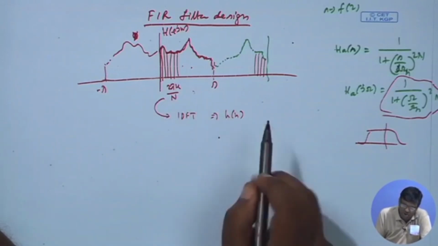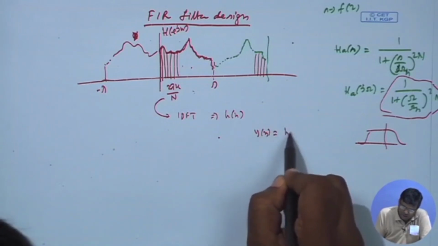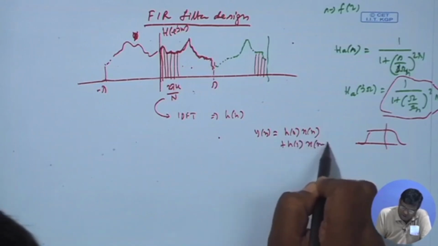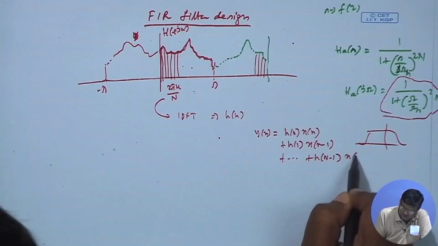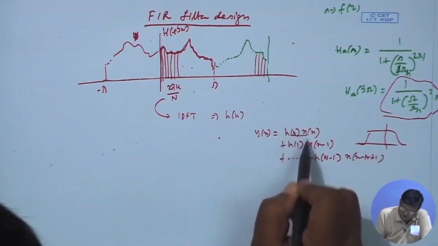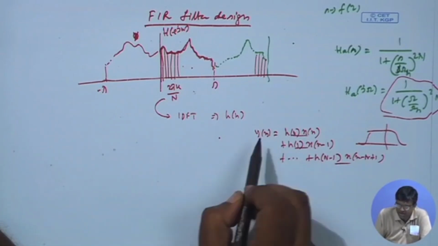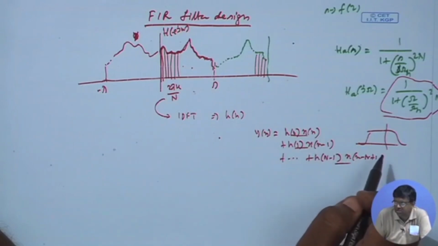Only problem that you face here is that you have too many coefficients N. So, per output y[n], the convolution will be h0 x[n], h1 x[n minus 1] plus and so on. So many multiplications. So, per output at every index n, the computation will require too many multiplications.